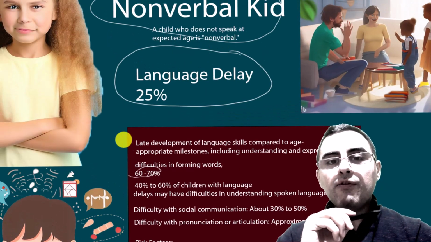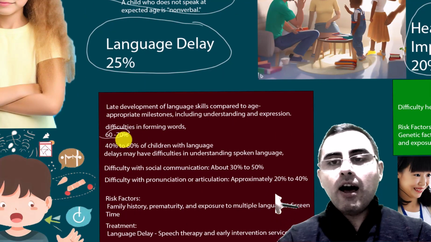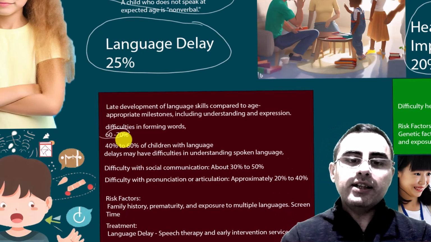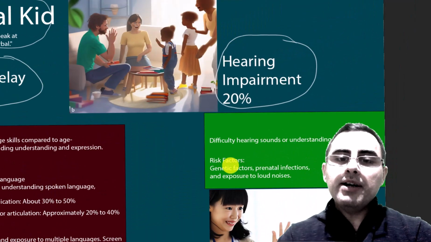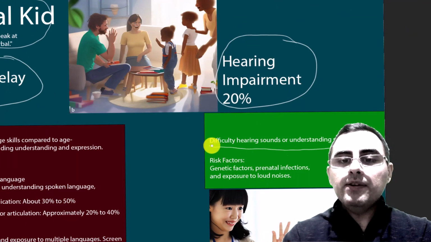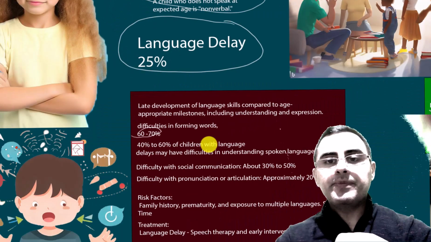Also, for such kids, it is difficult to understand other people's talking, and it's an important characteristic also. Hearing impairment. The most common hallmark of hearing impairment is difficulty hearing sounds or understanding speech.